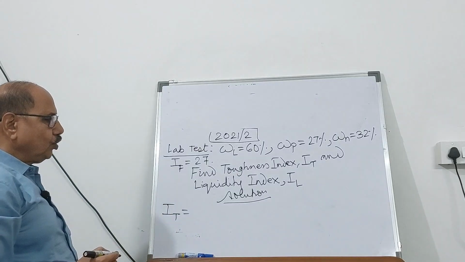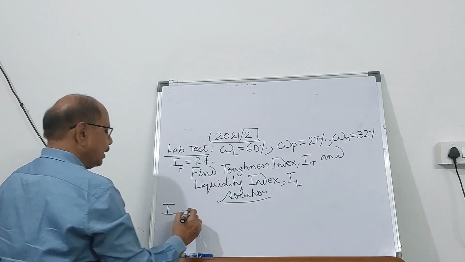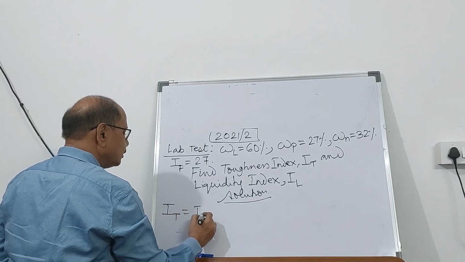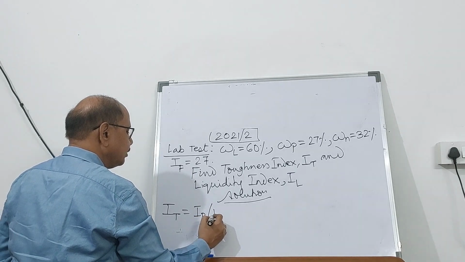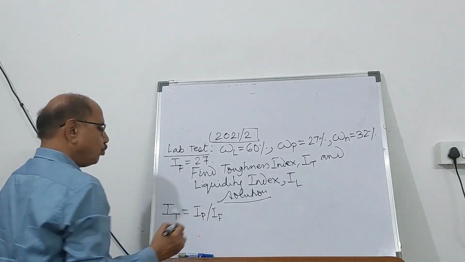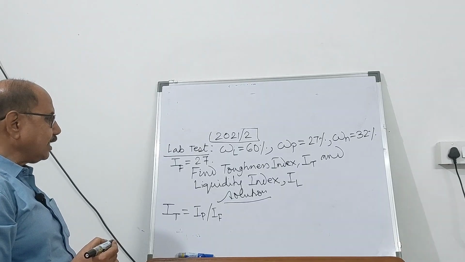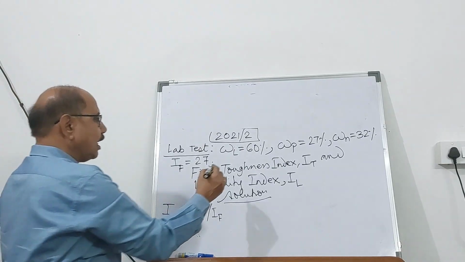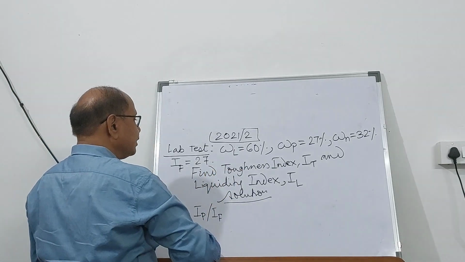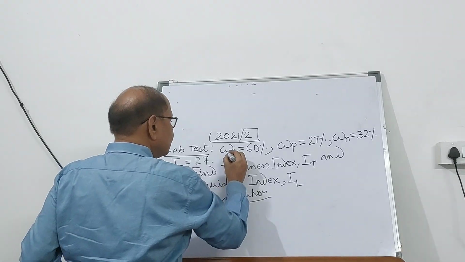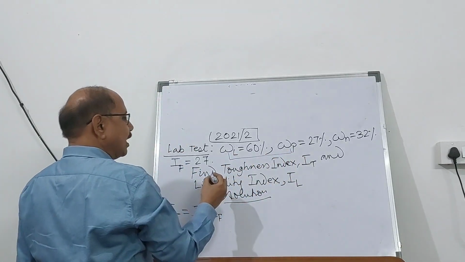IT is the plasticity index divided by flow index. It is the ratio of plasticity index upon flow index. Now the plasticity index can be easily found out because you have liquid limit and plastic limit.